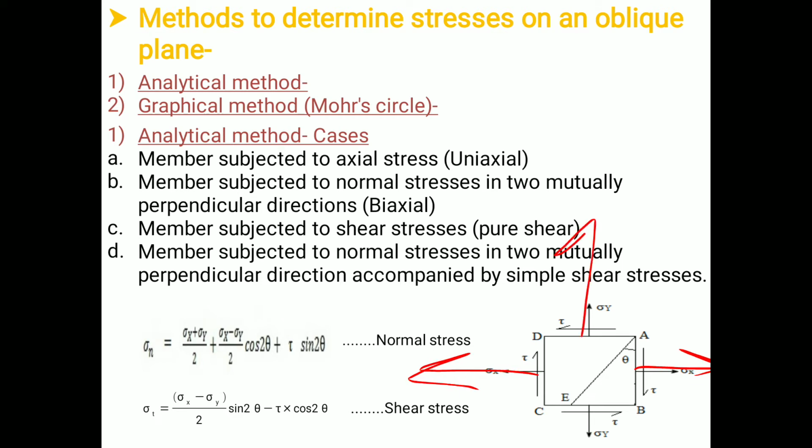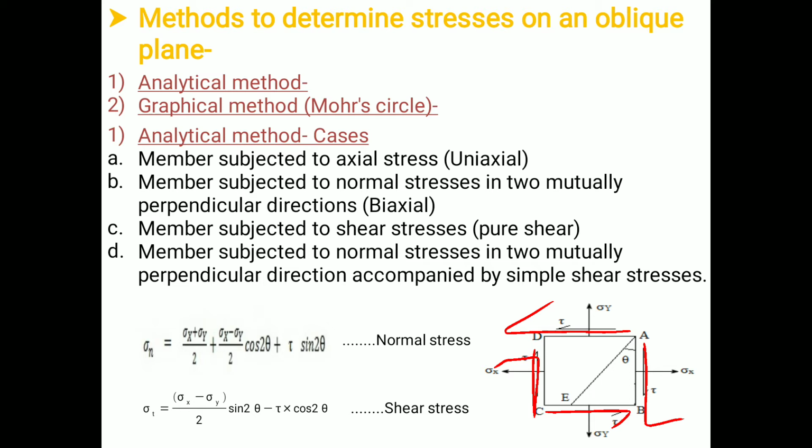This is sigma y, this is sigma y. So it means the member is subjected to normal stresses in two mutually perpendicular directions, and it is also accompanied by simple shear stresses. This is the value of shear stress, this one. Is it okay? So this is case number 4.